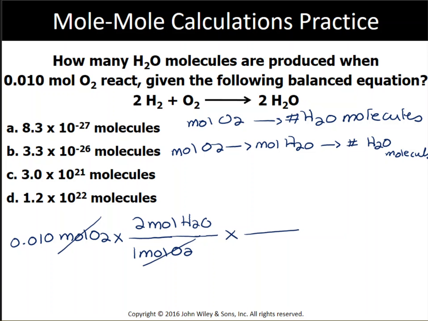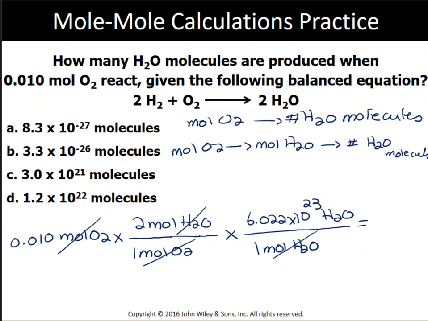And in order to find the number of molecules of H2O, we have to use Avogadro's number. So we know that each mole of H2O contains 6.022 times 10 to the 23 H2O molecules. Now moles and moles cancel out.